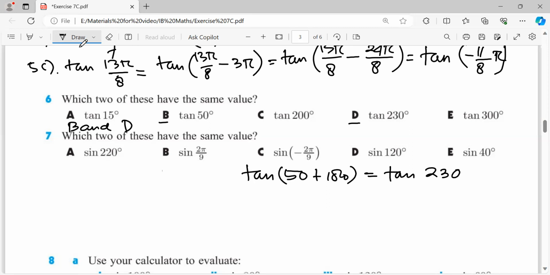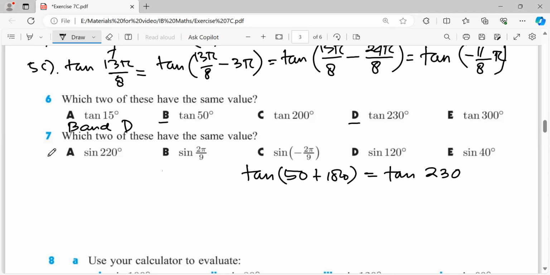Okay, number 7. Which of these have the same value? Sine 220 plus 180, there is no sine 300. Okay, sine 2 pi over 9 plus 2 pi, 180.